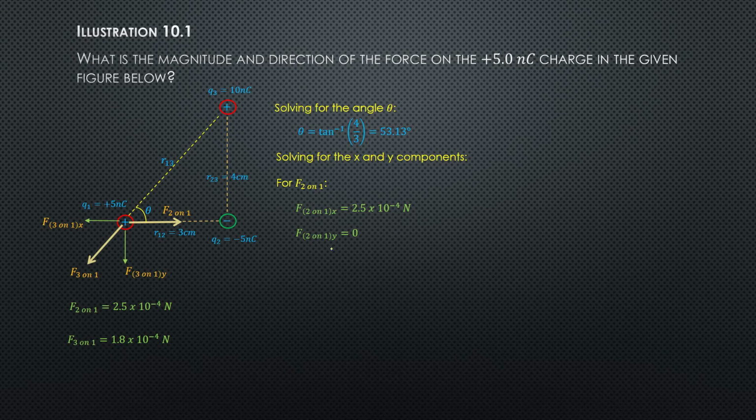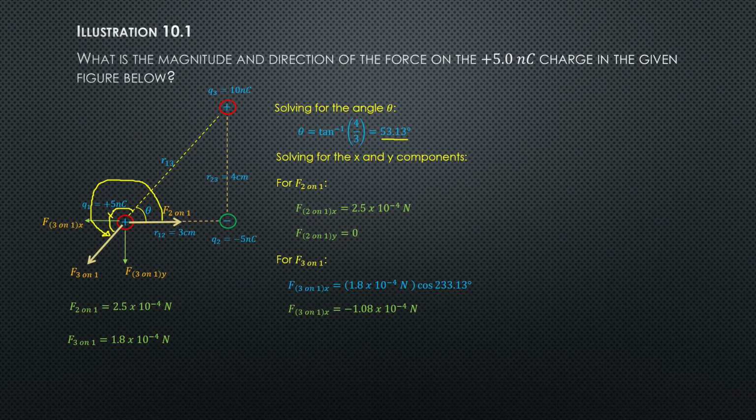Now for F3 on 1, that is F cosine theta. The angle is 233 degrees, but my theta here is 53.13. I have counted the angle from the positive x-axis going to that force, so this is theta plus 180 degrees.